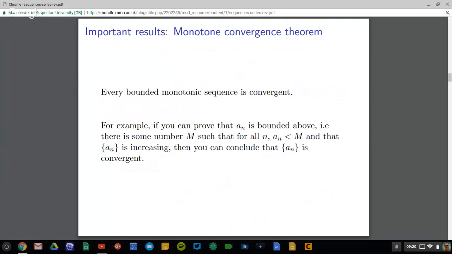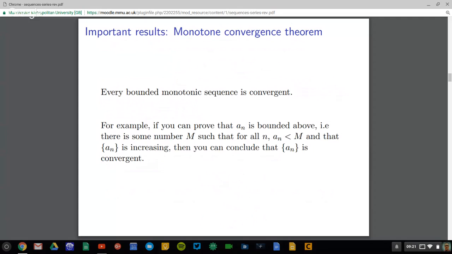And there was a technical result there called the monotone convergence theorem, which we certainly didn't prove. The proof turns on some of the technical details of the specification of the real numbers over the rationals. But what the monotone convergence theorem says is that every bounded monotonic sequence is convergent.